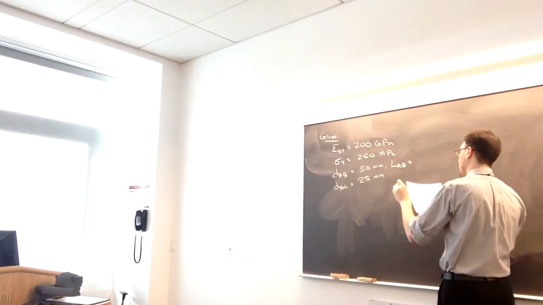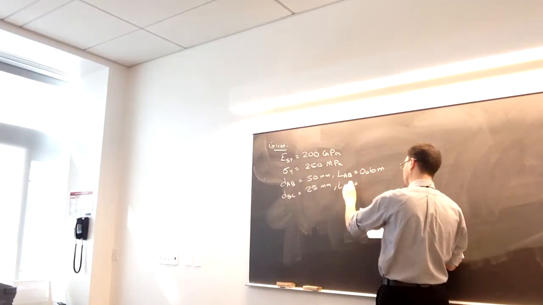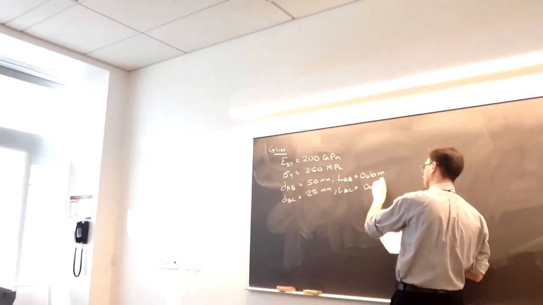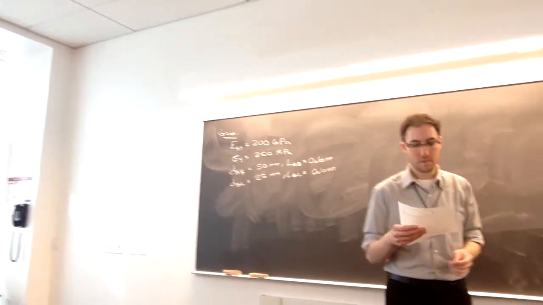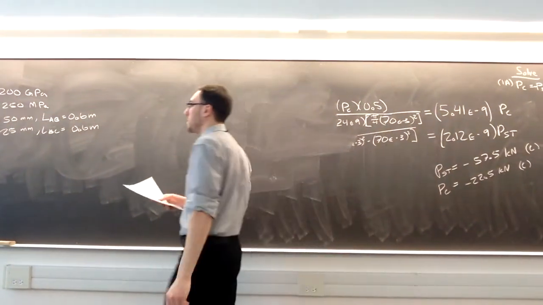Length AB is 0.6 meters. BC is also 0.6. We're applying a load P of 200 kilonewtons.